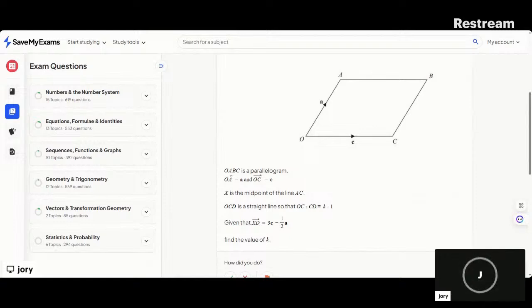Okay, so it's C to 2.5 C. But it's K to 1, so you're going to divide C by 2.5.